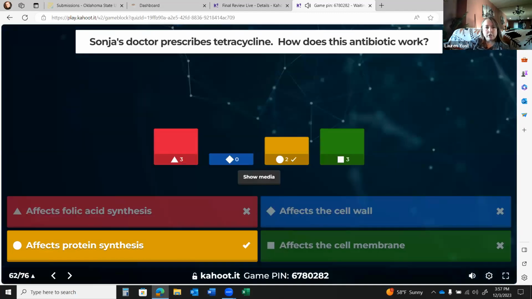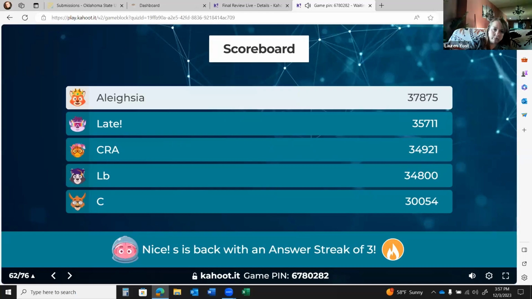Okay, so this tetracycline affects protein synthesis. More specifically, a lot of them that affect protein synthesis are going to affect the ability of the ribosome to either associate with mRNA or just to move along it or something like that. So the ribosome, basically.